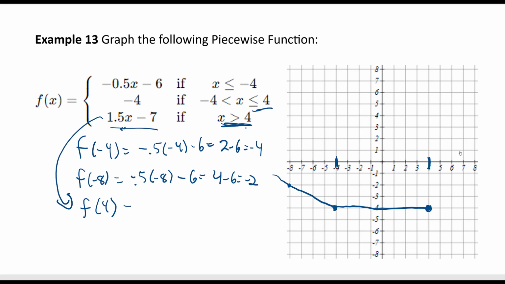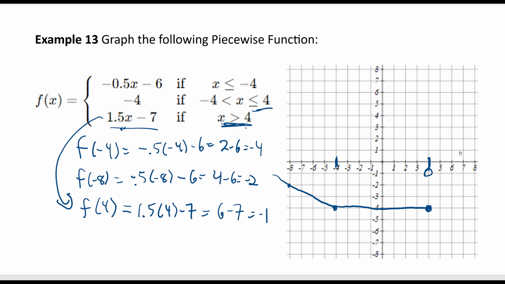So we have 1.5 times 4 minus 7. And 1.5 times 4, wouldn't that be 6? So 6 minus 7 would be -1. So this jumps up to -1 with an open circle there.